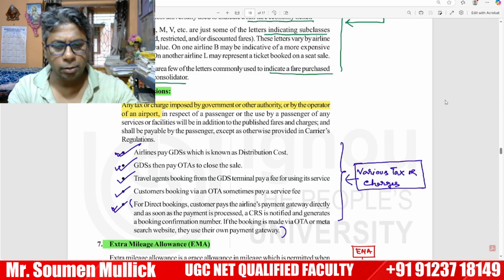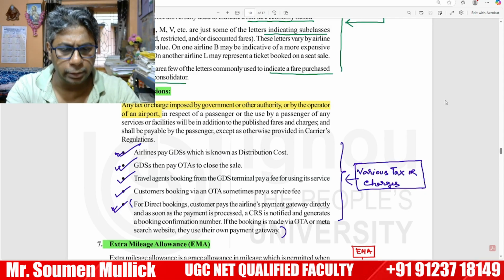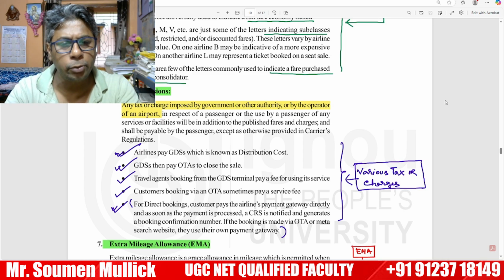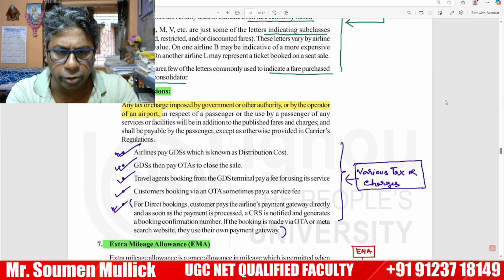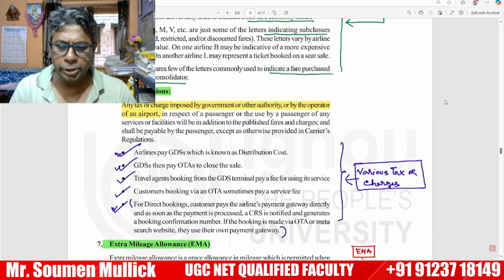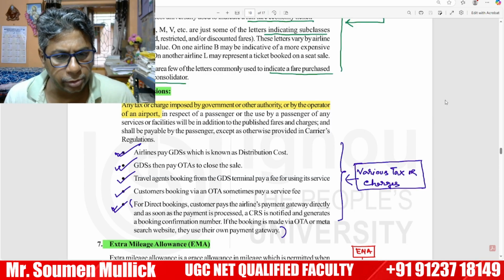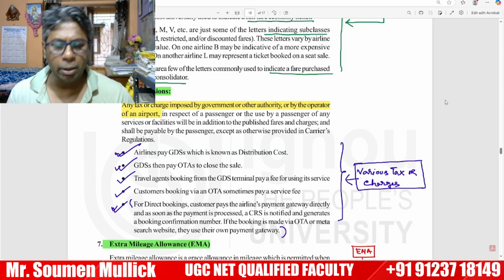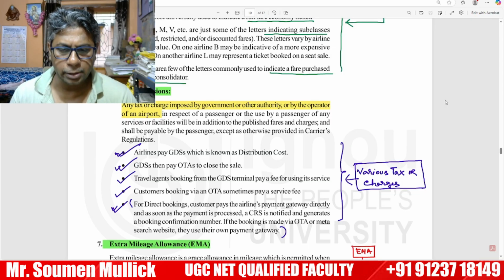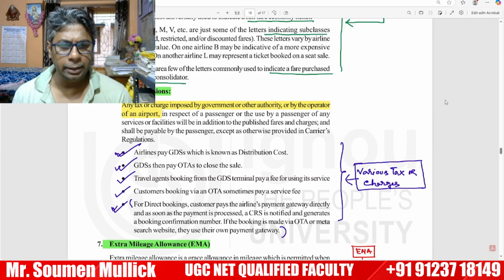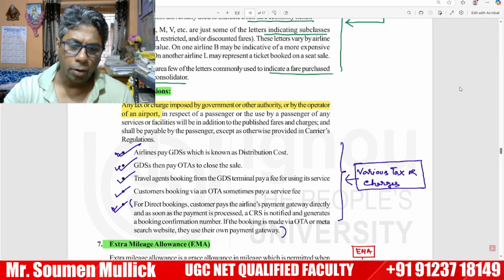Travel agent booking from a GDS terminal pays a fee for using its services. Customers booking via OTA sometimes pay service fees. So these are the fare inclusion areas.